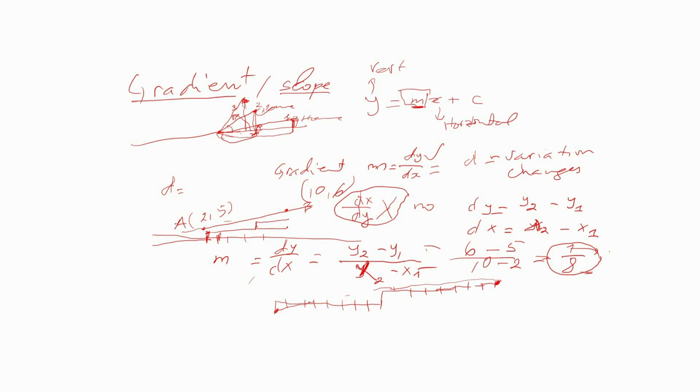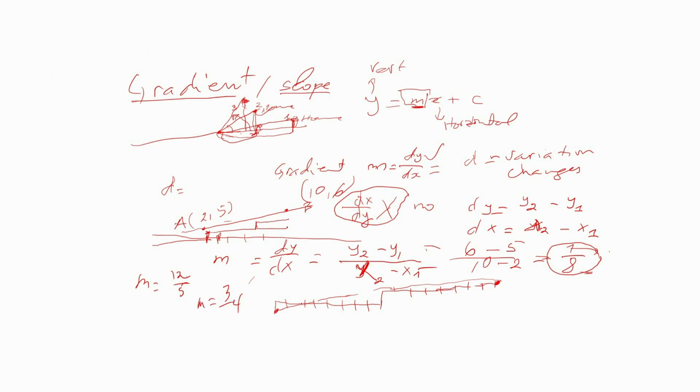You move 1 unit vertically, and then you move 8 units horizontally, then you move another 1 unit vertically and 8 horizontally to reach the point. This is the meaning of the gradient. Because we start with vertical displacement, for 1 unit vertically you make 8 horizontally. It's like you are just climbing on a stage.